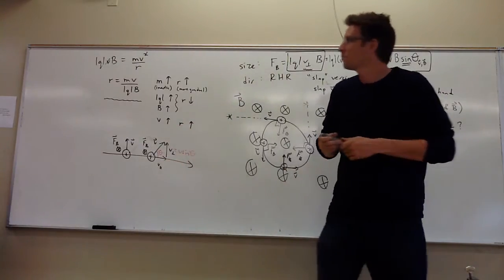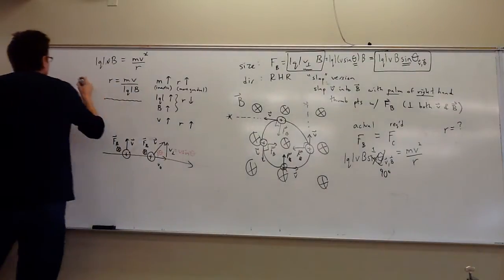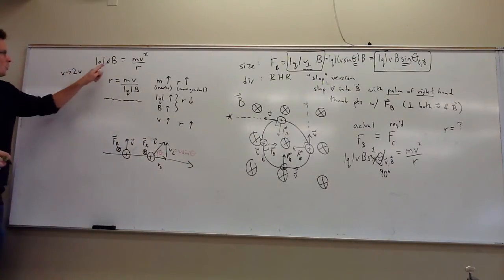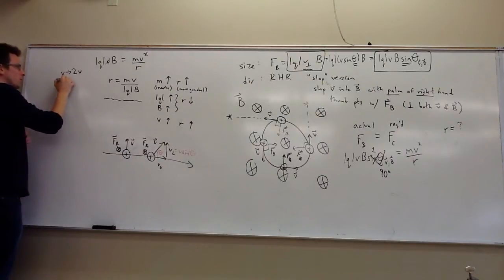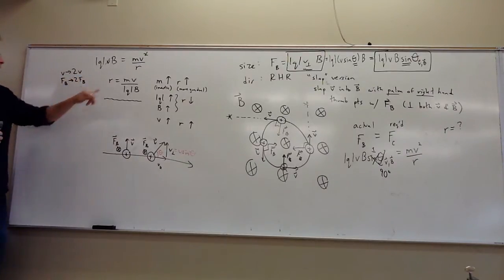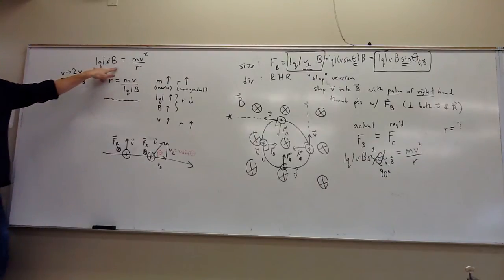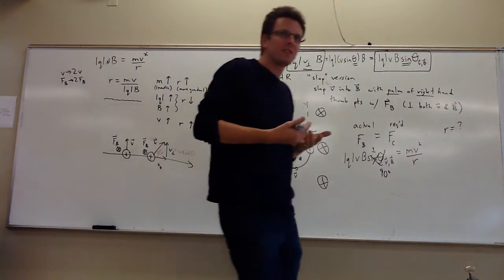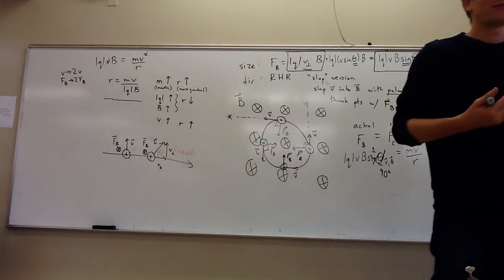Well, here's the thing. If you double the speed, you will double the magnetic force. If you go twice as fast, then this will be twice as large. Here's the problem though. If you go twice as fast, yes, you get twice the magnetic force, but guess what?